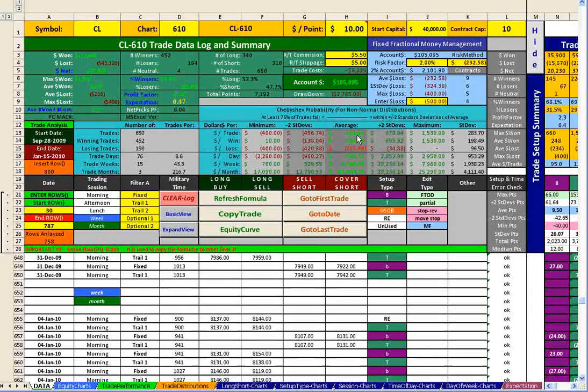It's a completely different analytical number, a completely different analytical tool. What we need to do is determine the average dollars won divided by the average dollars lost, and that's shown here in this cell B10. And we have to also compare that to the winning percentage.